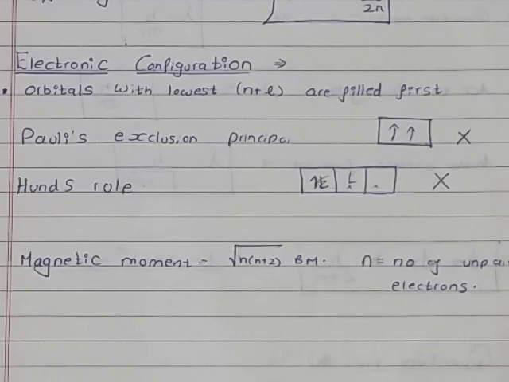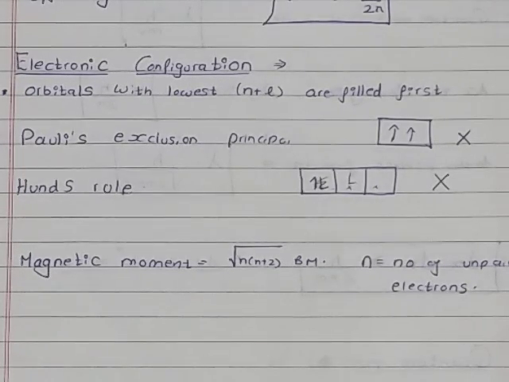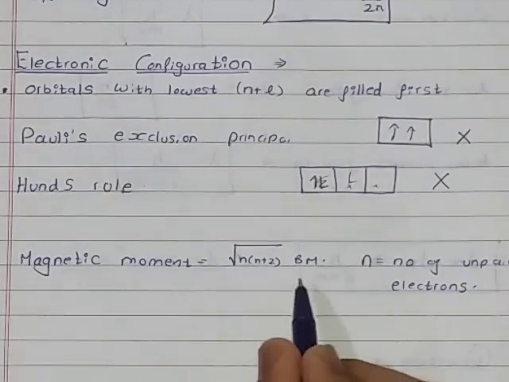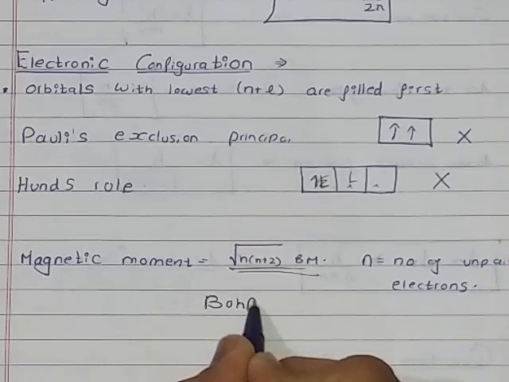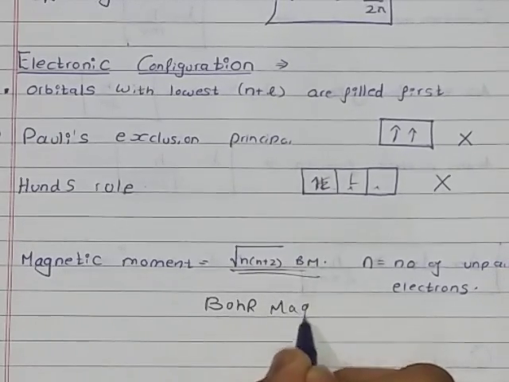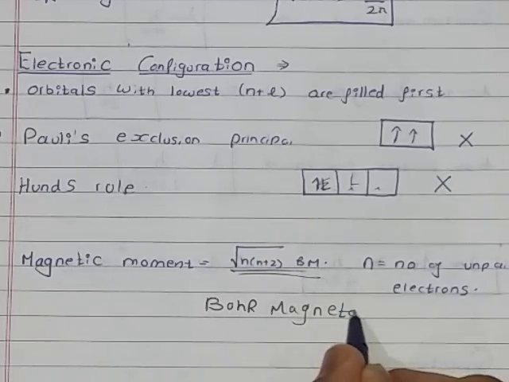That's it. And now magnetic moment. Magnetic moment is very important, you must have studied it in magnetism. In atomic structure, magnetic moment equals under root of n into n plus 2 Bohr magneton. Bohr magneton, named after Niels Bohr.